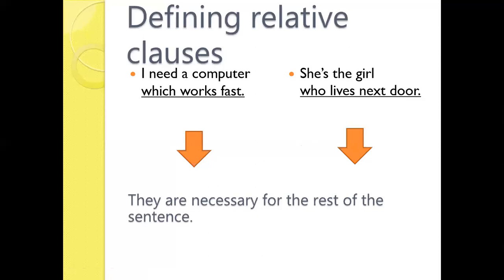We can't understand the first part of the sentence without them. Do you understand me? I can't say I need a computer and stop. No, I have to say which works fast. She's the girl who lives next door.